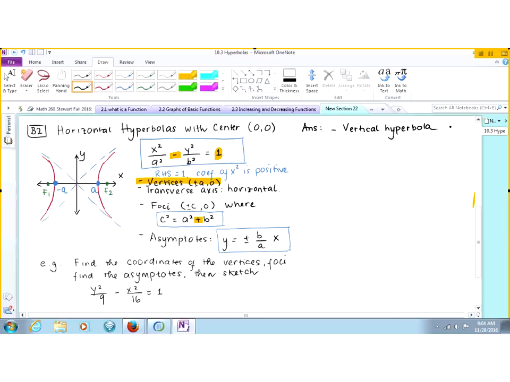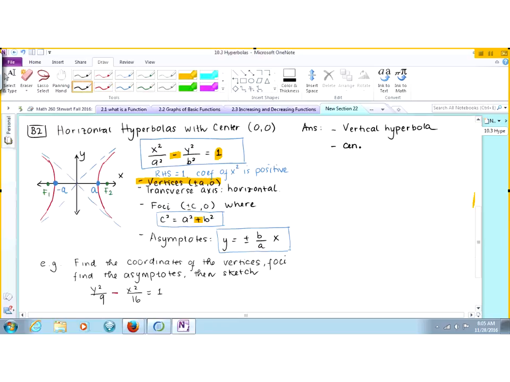Yes, the coefficient of y squared is positive. So you know this is not an ellipse. How would it be if I were to change this equation to an ellipse? If I just put plus here, then I will have an ellipse. That is the only difference, that's why we have to pay attention here.